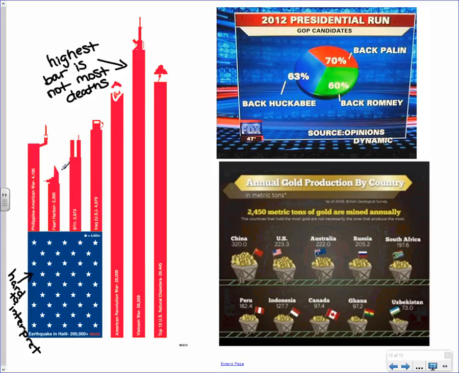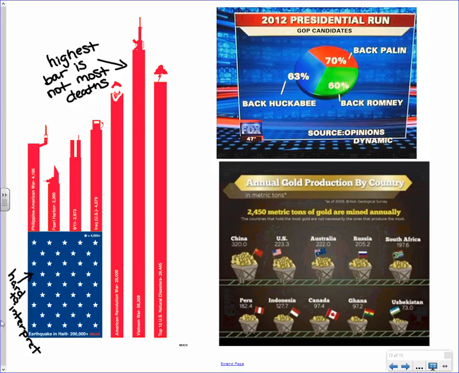The whole point of doing a graph is to go from this big pile of data that you have and put it into a graph that is easy and simple for the reader to understand. So anyone should be able to look at your graph and immediately know from the title or from the legend, from the histogram or bar graph or pie chart or whatever you've created, exactly what the data is saying.